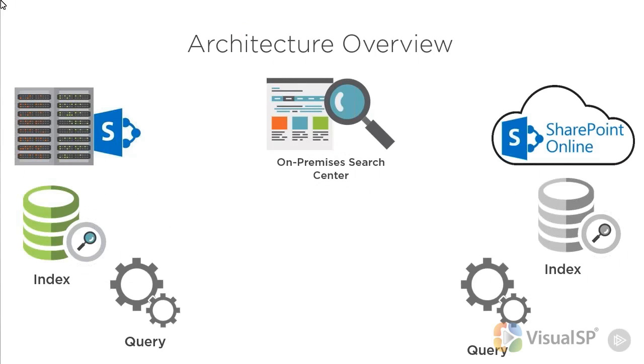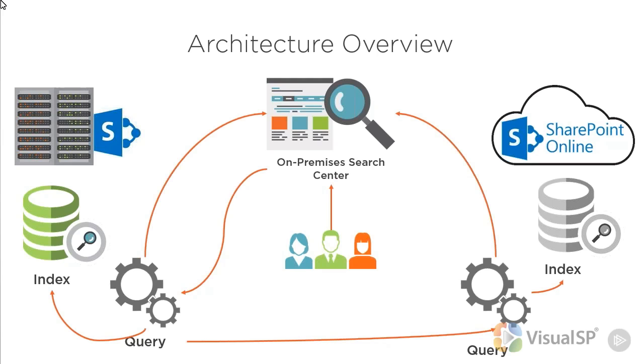Let's start with a business user that goes to the on-premises Enterprise Search Center to search for a document. The Enterprise Search Center will then go to the query server on-premises, and the query server on-premises will query the index from on-prem, and will also talk to the query server online, which will go to the index, and then it will show us the results from both indexes in our Enterprise Search Center.